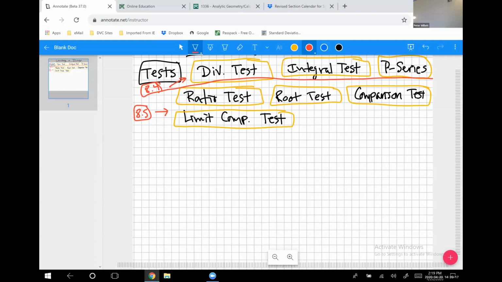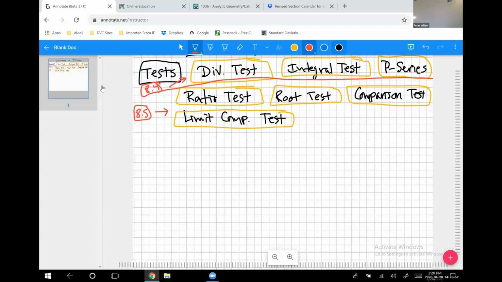Okay, so let's try a couple of examples from both of these sections. So to sort of mimic the idea of what might happen when you're at the end of the chapter where you don't really know which of these tests applies, let's look at some converge or diverge problems where we don't really know which of these sections it came from and therefore not necessarily which test to use.